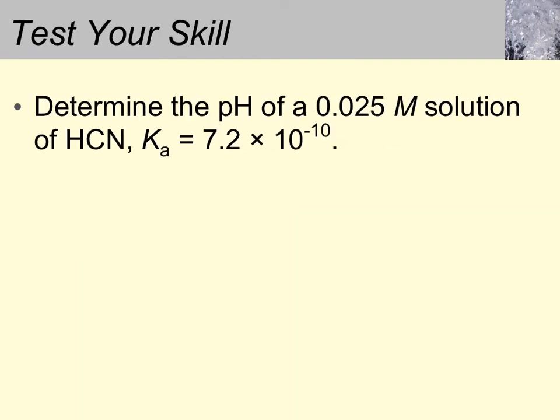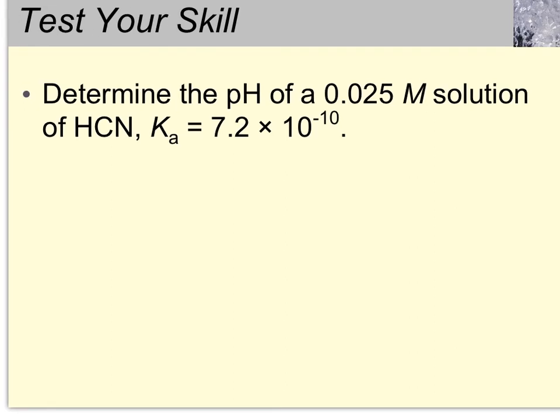All right, here's another one. I'm just going to do the same thing that I always do. I'm going to start out by writing a balanced equilibrium for the acid ionization. And then I'm going to write the equilibrium expression.